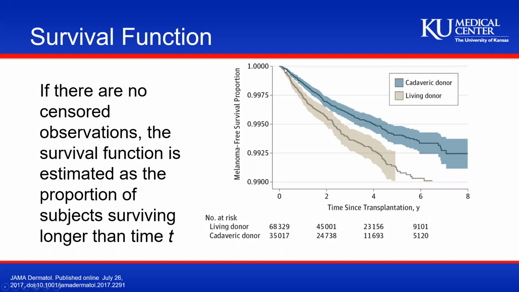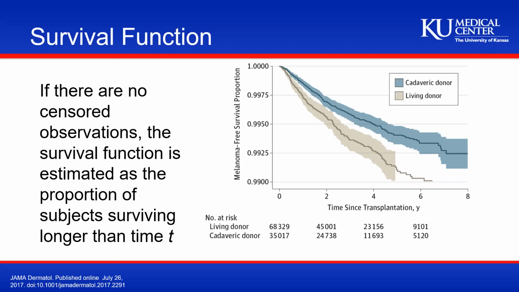But then you see as time passes, these lines are dropping, and they're dropping down to correspond to how many individuals. And I shouldn't say this is survival. This is melanoma-free survival. So with each subsequent drop, what you're seeing is a patient or a subject on this study experience that event.